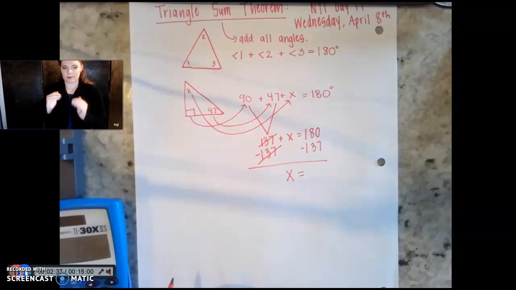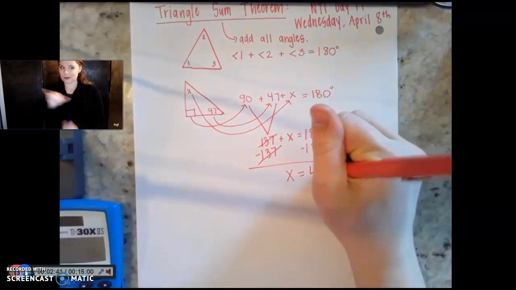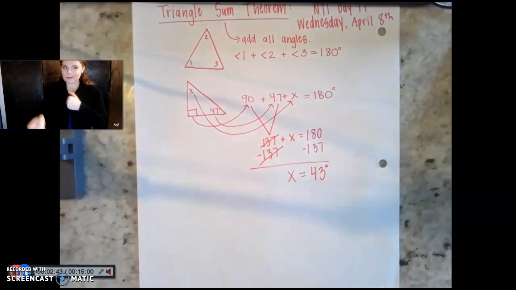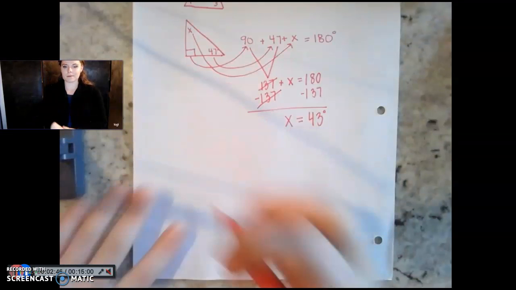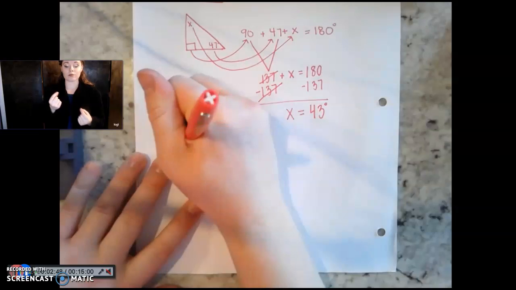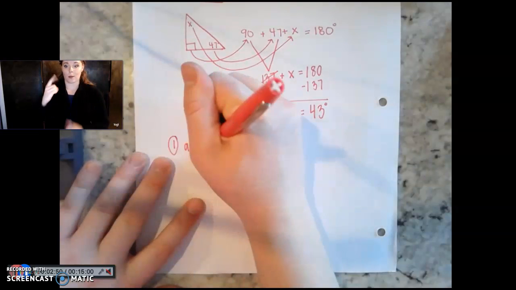But we can simplify this process a little bit easier because you're going to be doing the exact same process for each of these. The first thing you're going to want to do, step 1, is add your angles together.